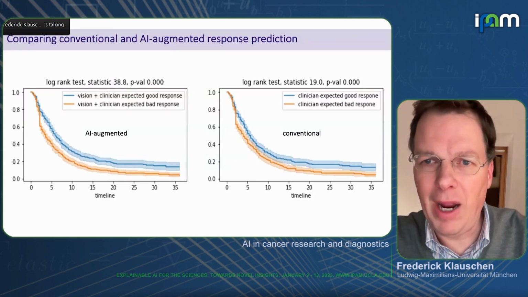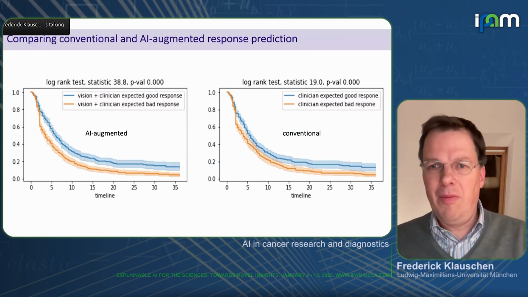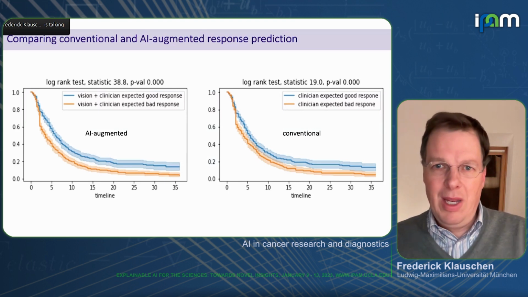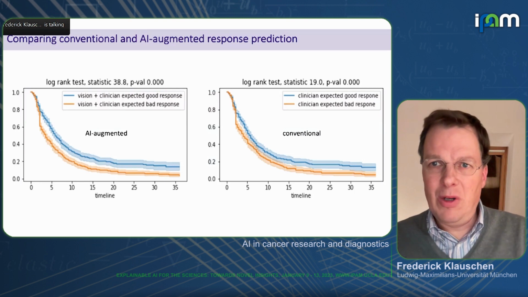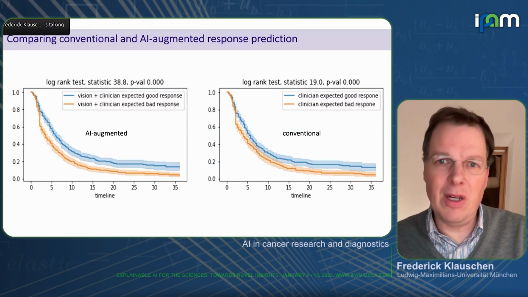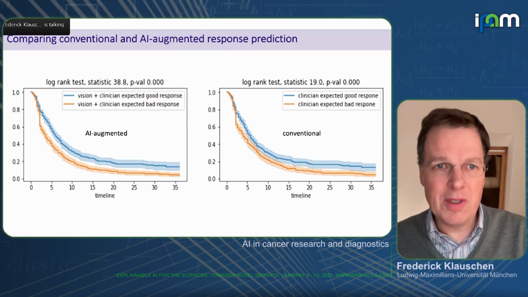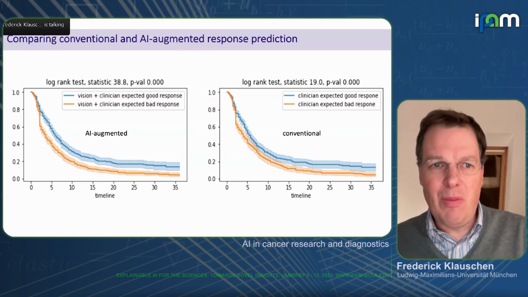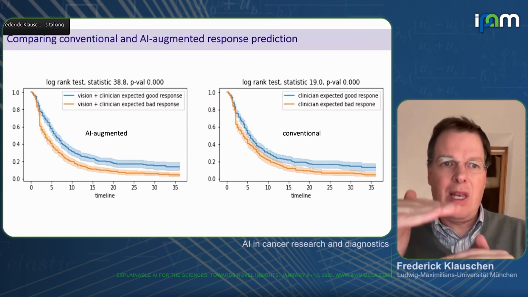So here on the right, you see the conventional Kaplan-Meier plot, where you can see the survival of patients over time. The blue line corresponds to where the decision, rendered by the clinician or by our AI approach, was that patients have a better prognosis, and orange means they have a worse prognosis. You can see that when you AI-augment the approach, the curves separate further.